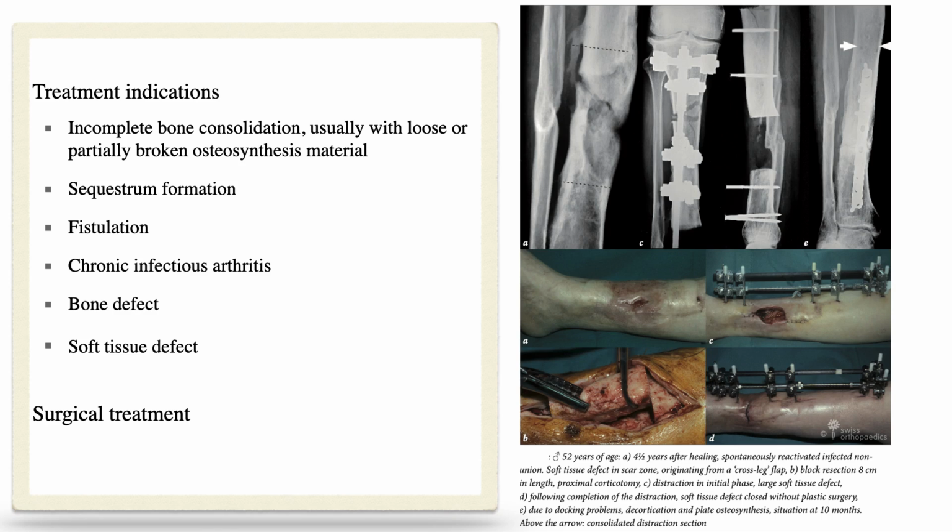In the previous class, we discussed the delayed first presentation of the infected non-union: clinical symptoms, diagnosis, diagnostic procedures, medical history, and clinical findings, which include walking difficulty and load-dependent pain.